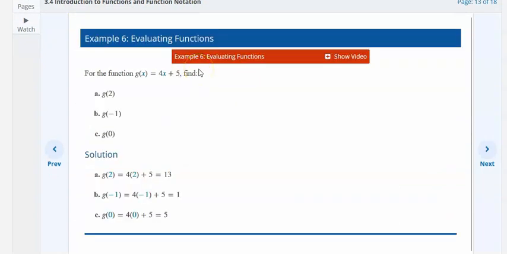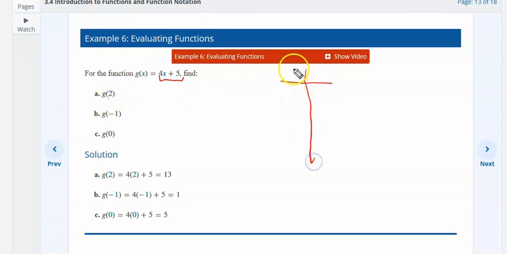Okay, so what do you think they want you to do here? Well, this is example 6, and here's our rule, and there's our value for x. So you could make a little t-chart, and this would be g of x, function notation.